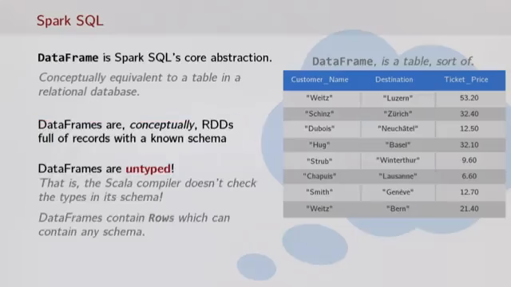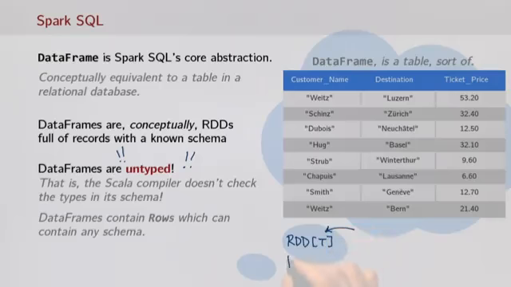Data frames are also untyped. Okay? This is an important point that's going to come back to. What do I mean by untyped? Well, I mean that it doesn't have some kind of type parameter that the Scala compiler statically checks. Compare that for a moment with RDDs. RDDs have a type parameter. So we can always make sure that the type that's inside of an RDD makes sense.